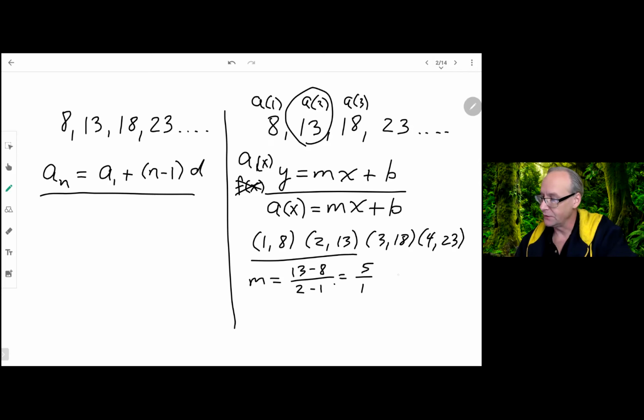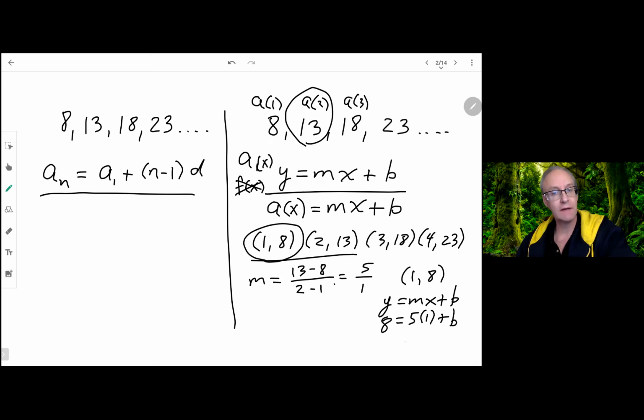And I put it into y equals mx plus b. I'm just going to pick the very first one, 1, 8, and put that into y equals mx plus b. So I put in the 5. The y is 8, the m is 5, the x is 1, plus b.